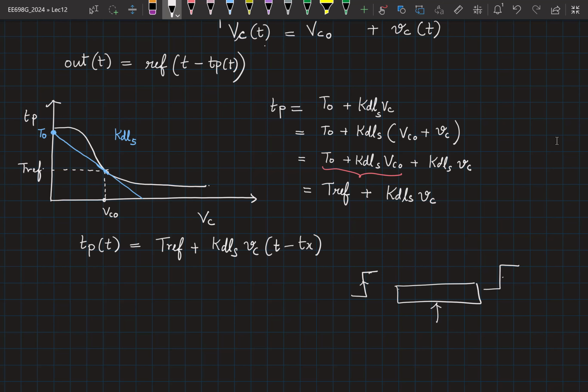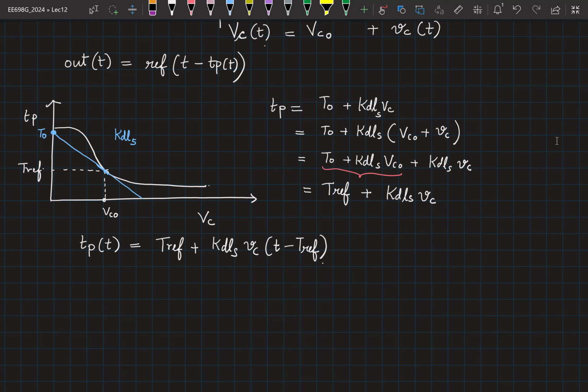Any change you are making is expected to be a smaller variation around the nominal delay of Tref. So it can be lesser than Tref. It can be greater than Tref also, right? It can be greater than Tref by a small amount. So a good approximation to make is to say that this is t minus Tref. Of course, we are making an approximation, right? But this is a reasonable approximation to make when you are working with the first level model for the DL. Okay.